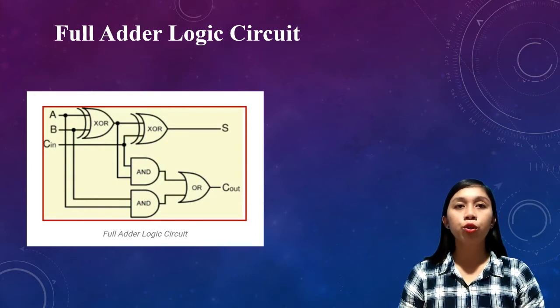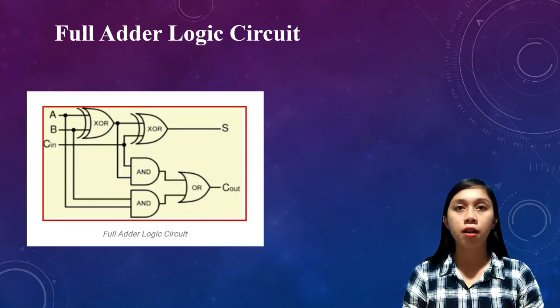With a given truth table, the full adder logic can be implemented. The first XOR shows the sum of inputs A and B, and the second XOR gate shows the partial sum together with the input carry to get the final sum output.